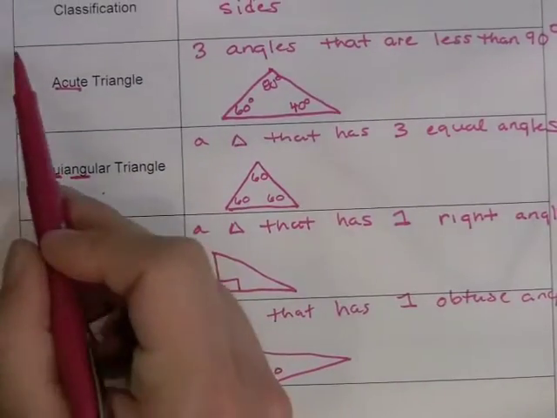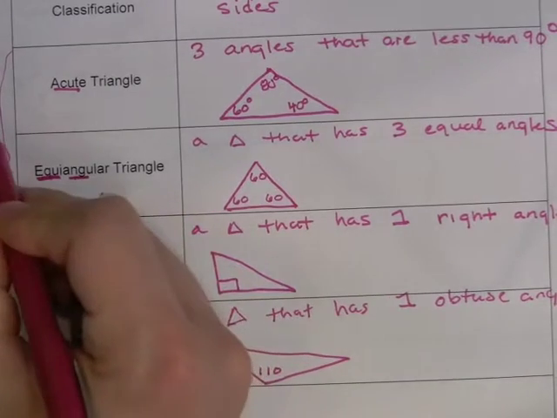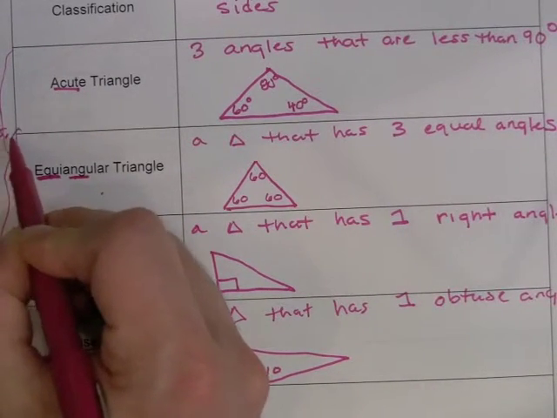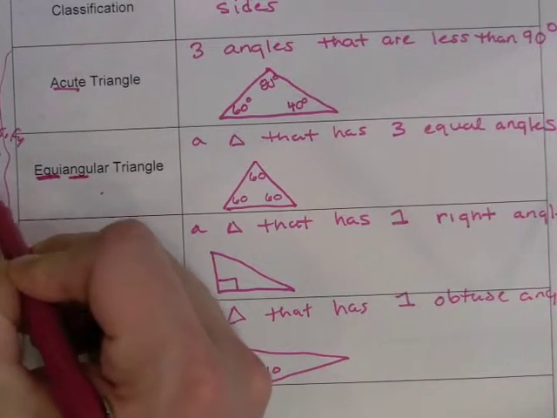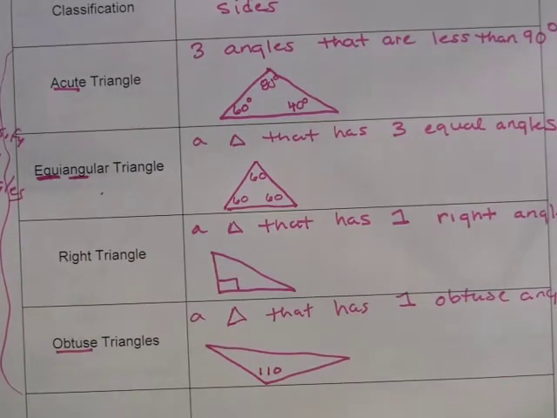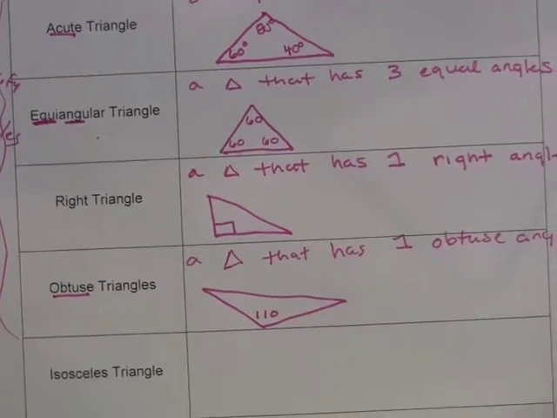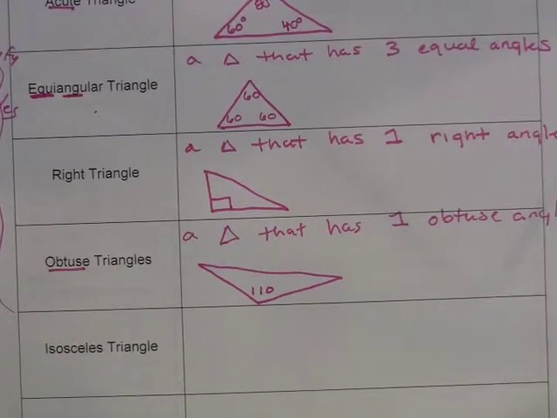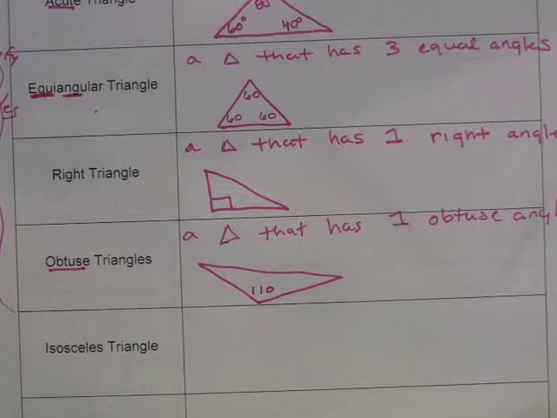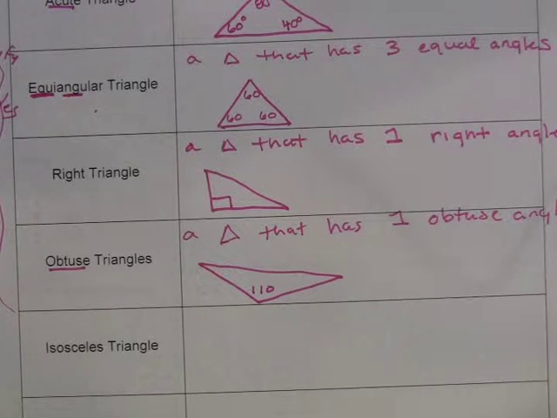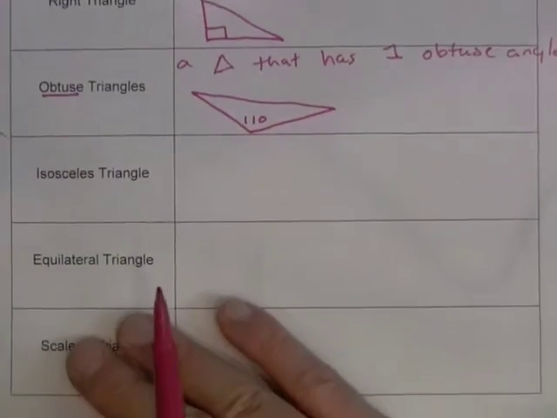Okay, so these 4 is how we classify by angles. So we classify by angles by acute, 3 angles less than 90, equiangular, 3 equal angles, they will all be 60. A right triangle has 1 right angle, an obtuse triangle has 1 obtuse angle.